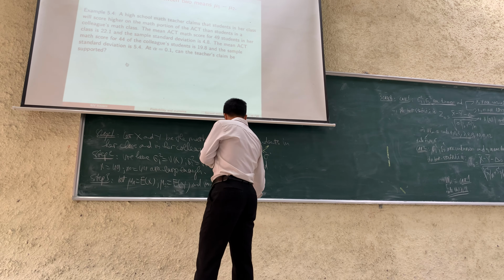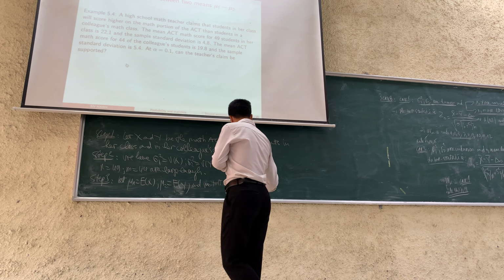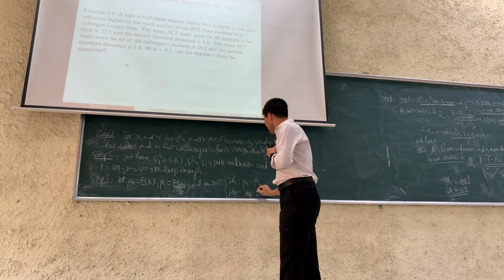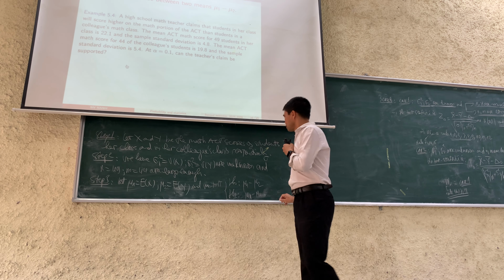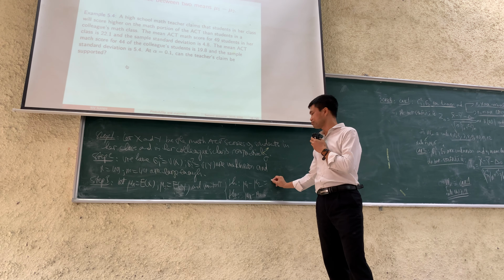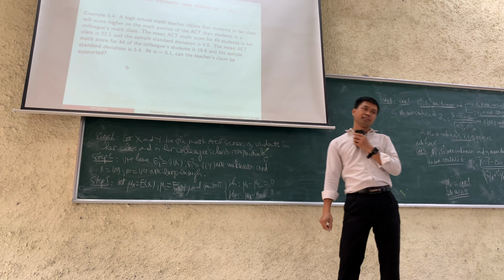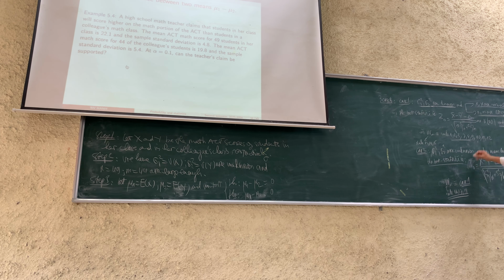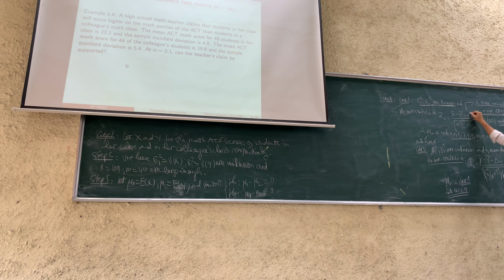What is H0 and what is H1? We test on mu1 minus mu2. H0: mu1 minus mu2 equals what? Delta naught. Delta naught is 0.